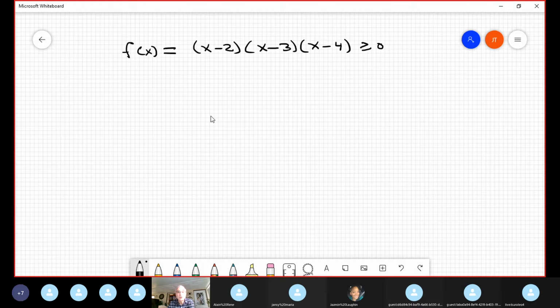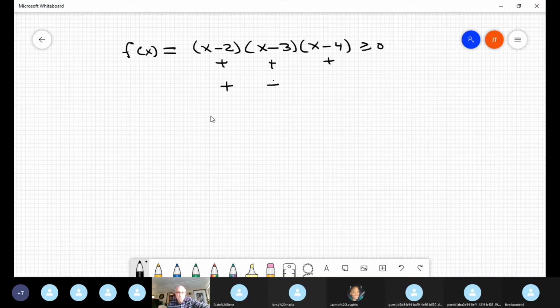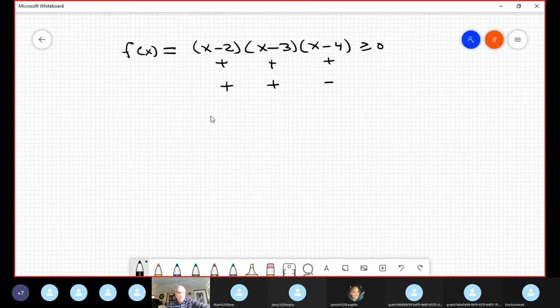To be greater than or equal to 0, we have several possibilities. We have positive, positive, positive. Let me copy every combination. Positive, positive, negative is another possibility. I change one sign. Positive, negative, positive is another possibility. Positive, negative, negative is another possibility. Negative, positive, positive is another possibility.